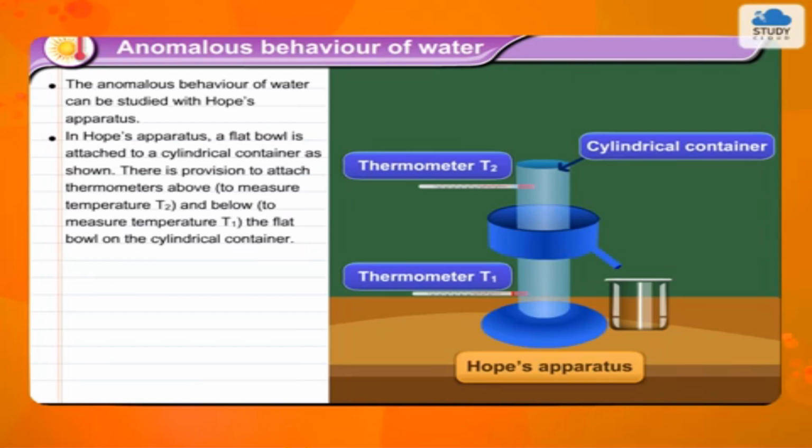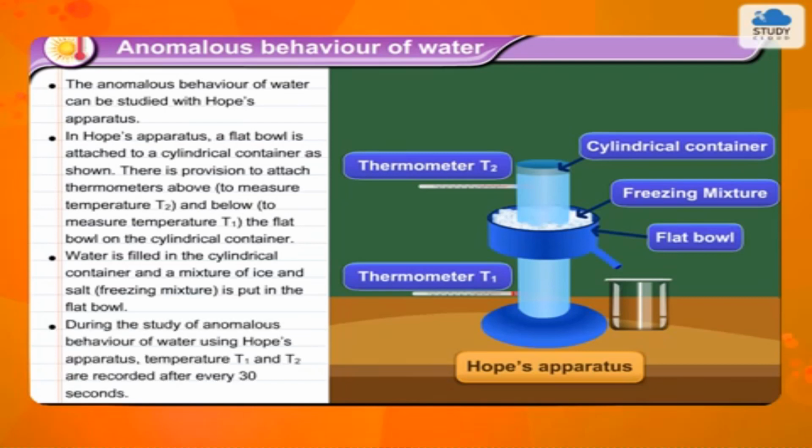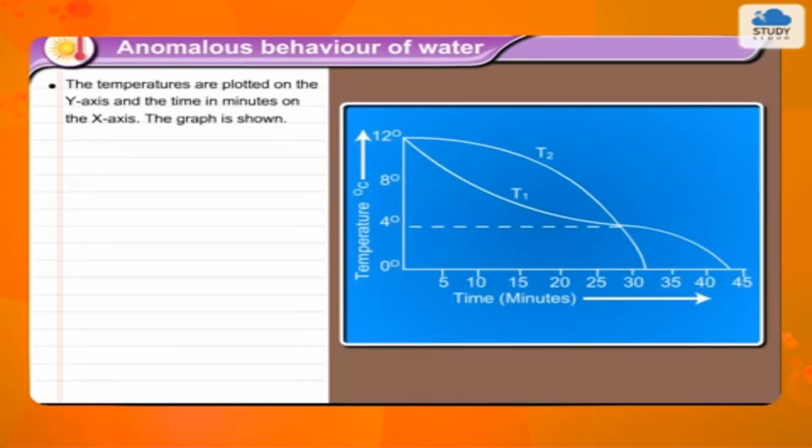Water is filled in the cylindrical container and a mixture of ice and salt, a freezing mixture, is put in the flat bowl. During the study, temperatures T1 and T2 are recorded after every 30 seconds. The temperatures are plotted on the y-axis and the time in minutes on the x-axis.